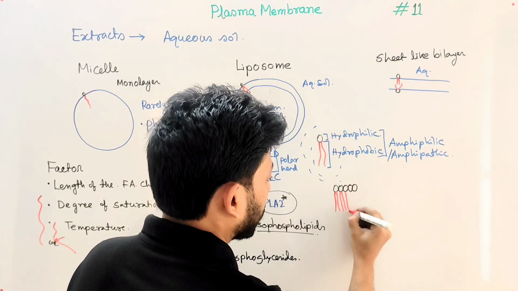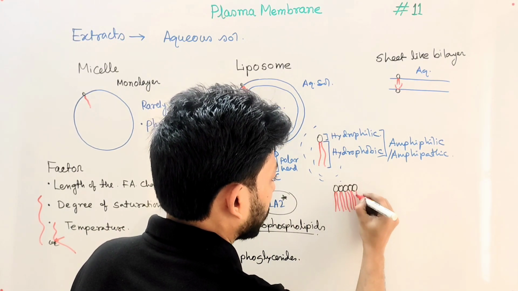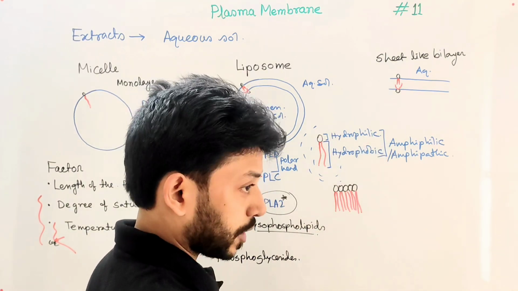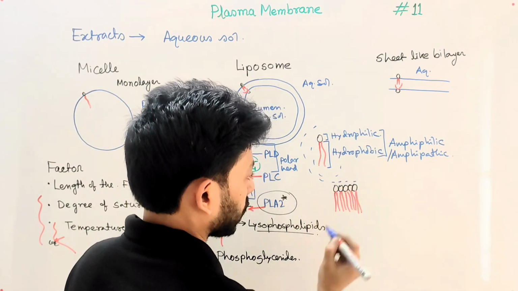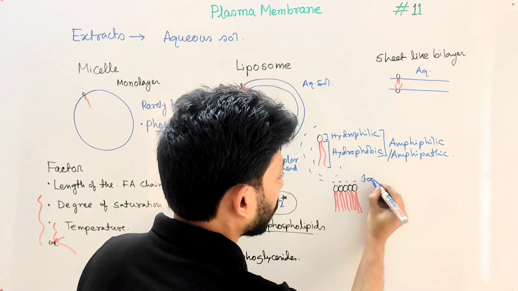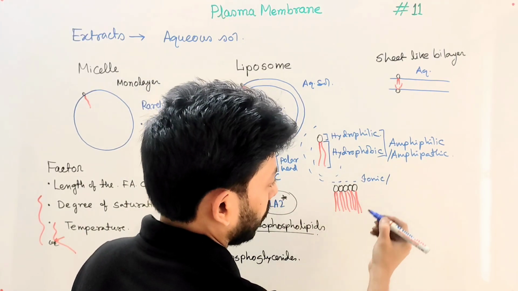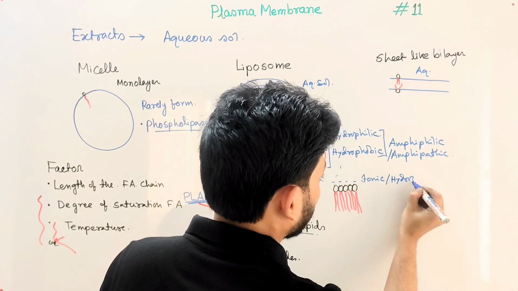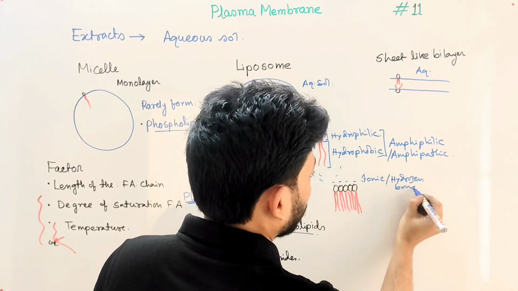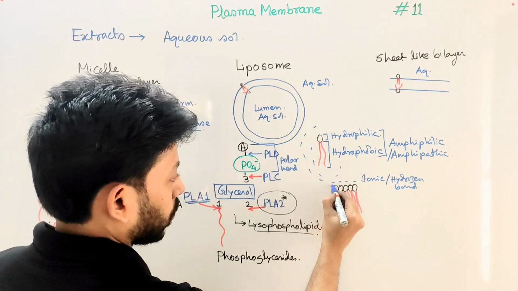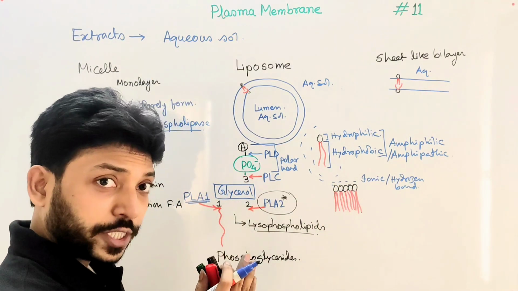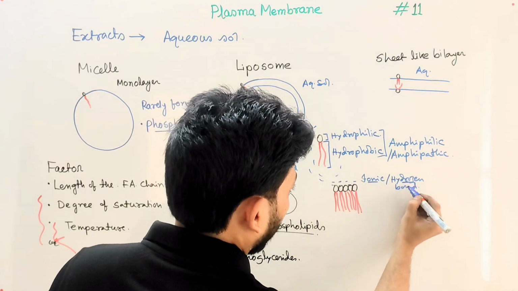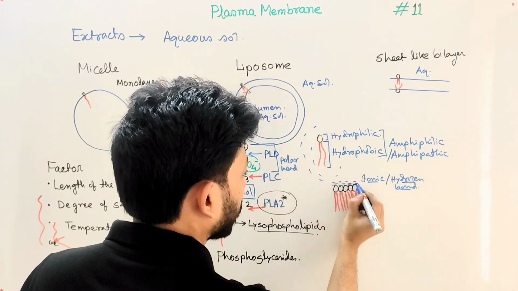Only the polar group, which is hydrophilic in nature, will make contact with the aqueous solution with ionic or hydrogen bonds with the water molecules. So the polar head groups can contact each other also, with ionic or hydrogen bonds, and also with the water molecules.